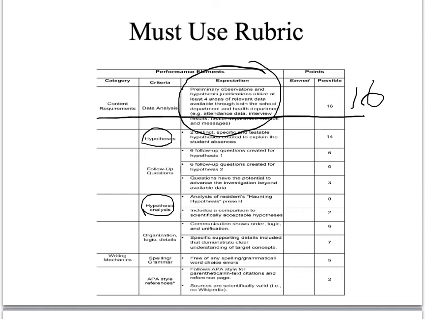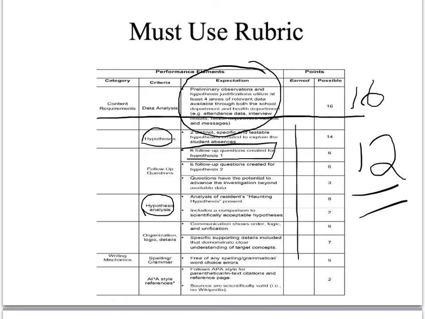And then for each hypothesis, you have to do 6 questions for a total of 12 questions. 6 for the first hypothesis and 6 for the second hypothesis. And then follow all of the directions as you're going down.